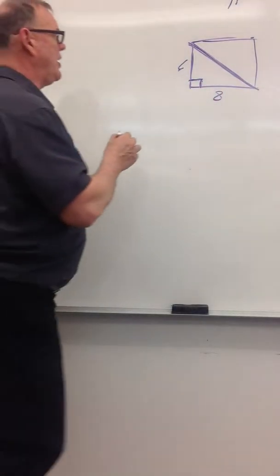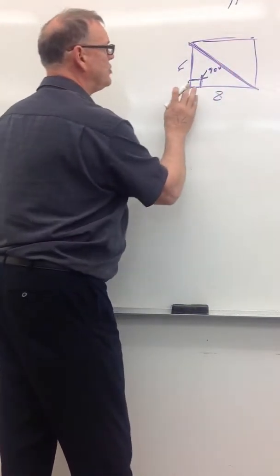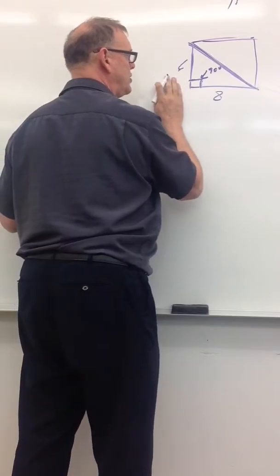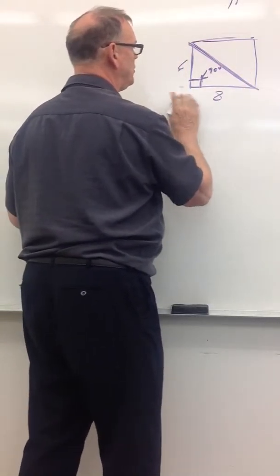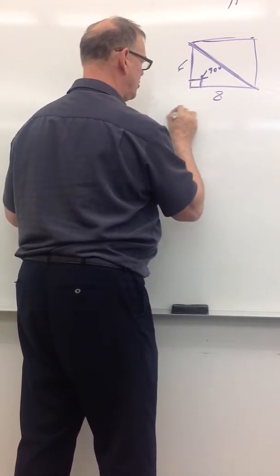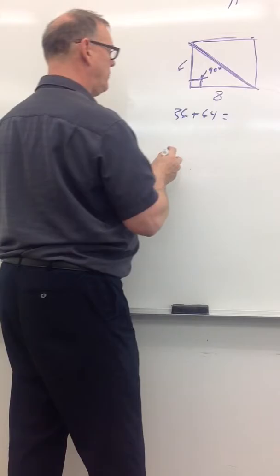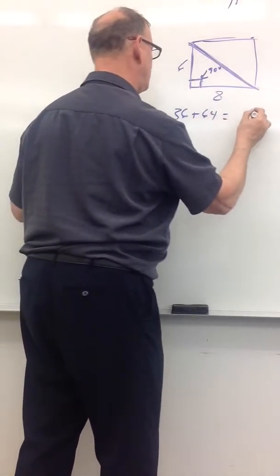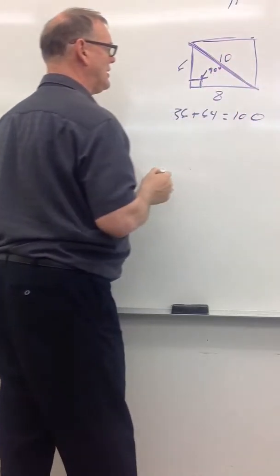That is, there's a 90-degree angle here, right? If it's not a 90-degree angle, then a squared plus b squared does not equal c squared. So if we go, let's say, 6 inches is 36, 8 inches is 64. So for this to be a perfect square corner, this has to be 100, which means this has to be 10.